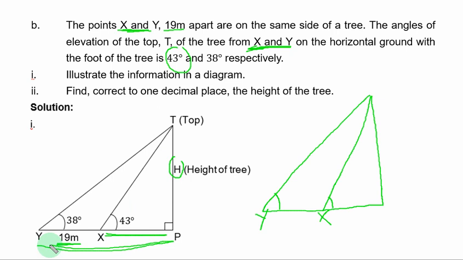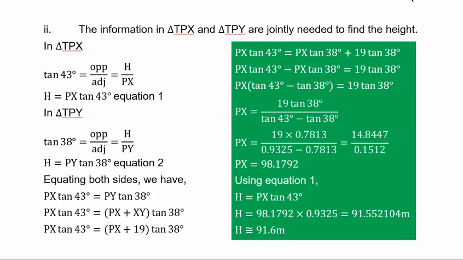So you have to use the two triangles together to get the value of the height. Roman figure 2, the information in triangle TPS and triangle TPY are jointly needed to find the height.